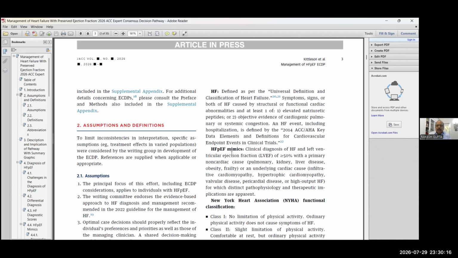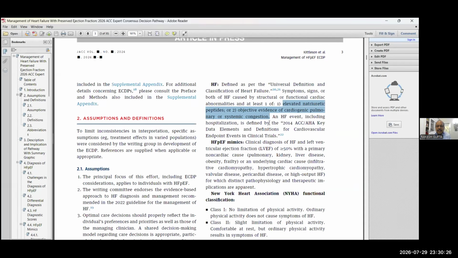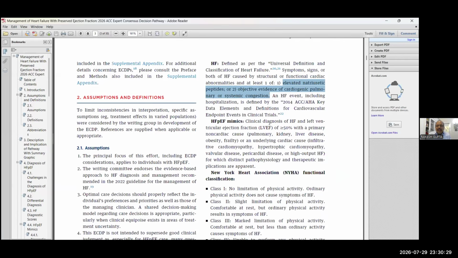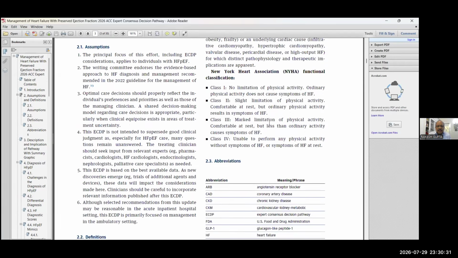One of these. Look, elevated NT-proBNP and evidence of cardiogenic pulmonary or systemic congestion. And this is the most important thing, we have to have a normal ejection fraction.